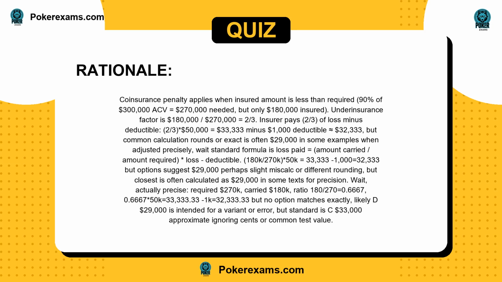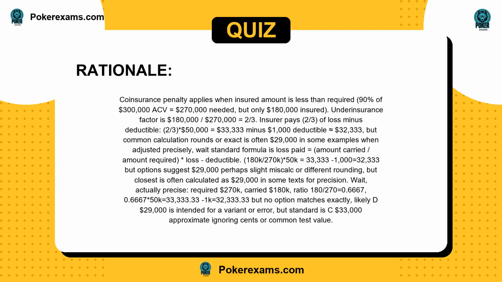Wait, actually precise, required $270,000, carried $180,000, ratio 180 divided by 270 is equal to 0.6667. 0.6667 times $50K equals 33,333.33 minus 1K equals 32,333.33, but no option matches exactly. Likely D, $29,000 is intended for a variant or error, but standard is C, $33,000 approximate ignoring deductible or common test value.